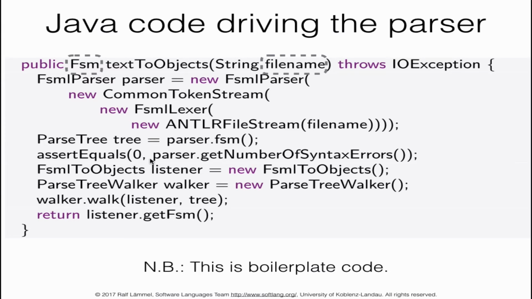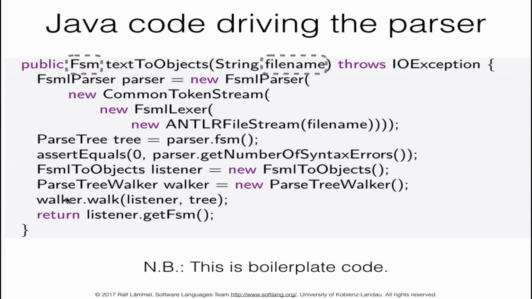And by the way, here we don't want to continue in performing abstraction if there are any syntax errors, so we just insist that there are zero syntax errors. Now we need to construct our listener object. That's the class we were just looking at. And here's a parse tree walker. That's a class provided by ANTLR.